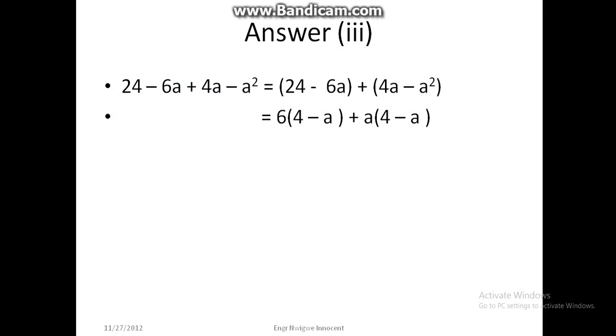For the plus, we now have a, and what is common is a. We now bring it out from the bracket. We now have 4 minus a. Therefore, our factorization is equal to 4 minus a, bracket 6 plus a.